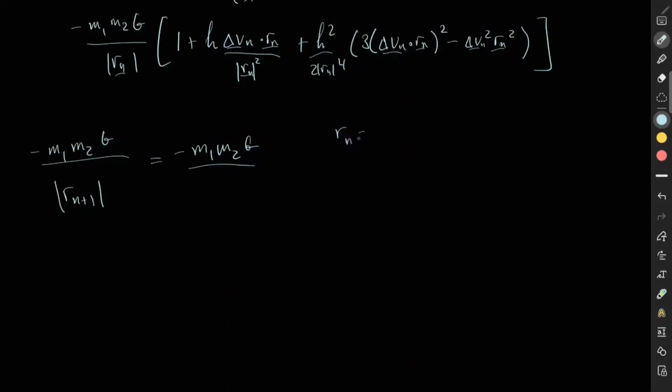Now recall how Rn is Bn minus An. So Rn plus 1 is going to be all of that but plus 1. And using our Euler relations, we're going to get that this is Bn minus An plus h un minus Bn.